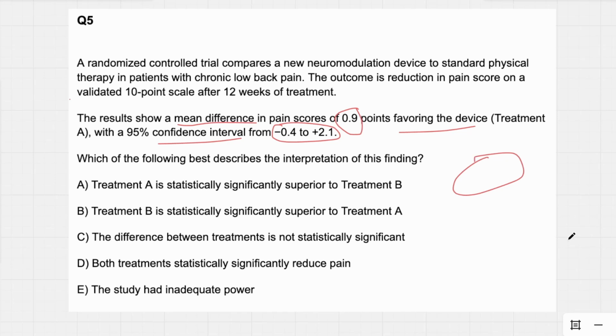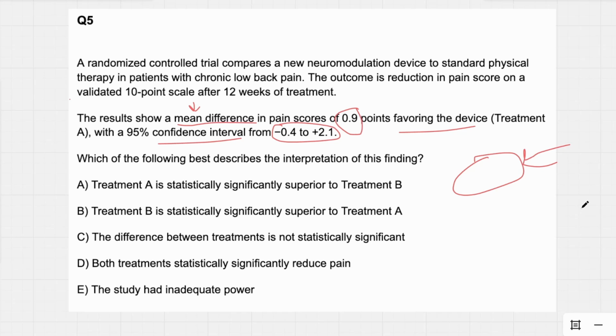That is the question. Well, if positive means favoring the device and negative means not favoring the device, logically, we can assume that 0 means there is no mean difference between the two treatment groups. And so if you ever get a confidence interval talking about means, specifically means, averages, that crosses 0, negative and a positive on both ends of the confidence interval, it is statistically insignificant because the real score could be 0.